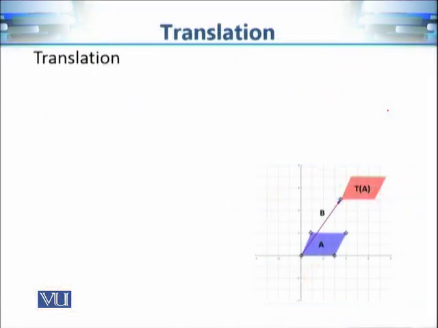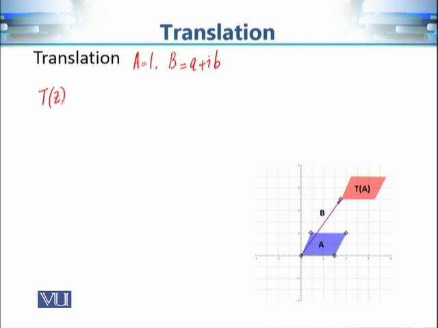Our first example is the case of translation. In this translation, we choose a to be equal to 1 and b is any complex number a + ib. We call it T, so T stands for the translation. T(z) becomes z + b.